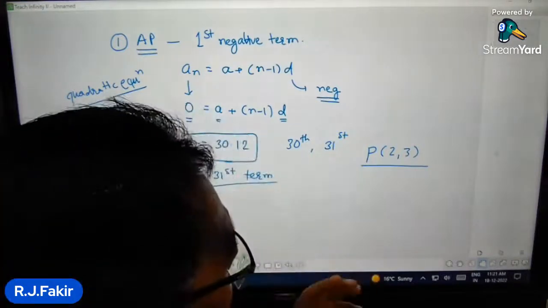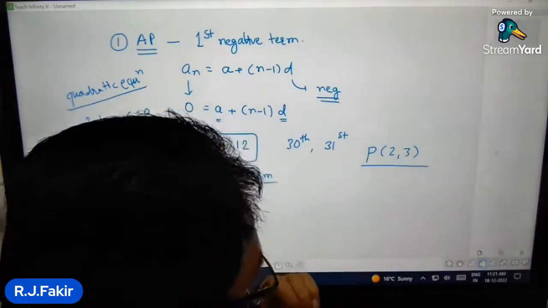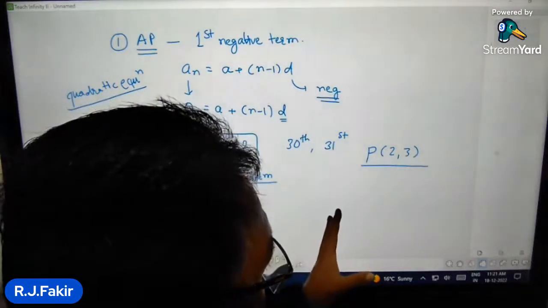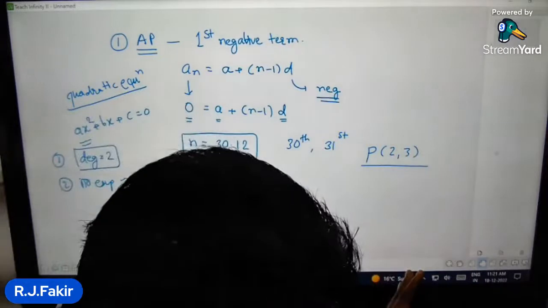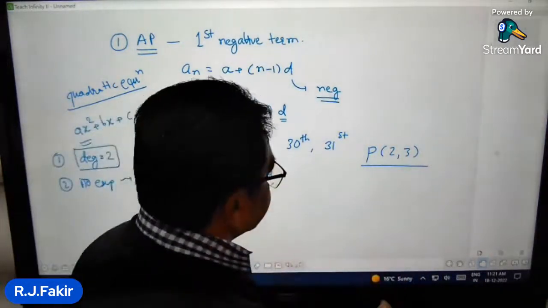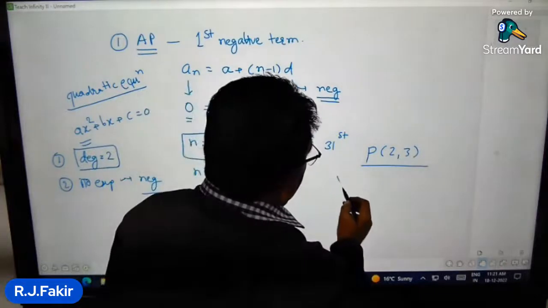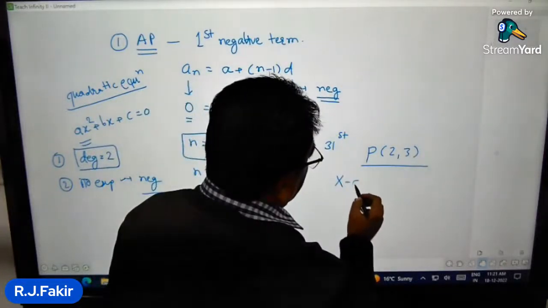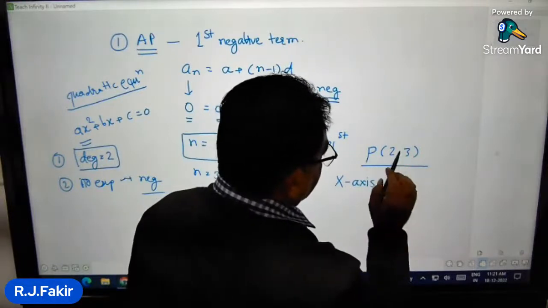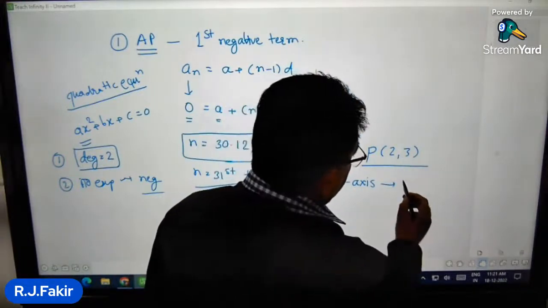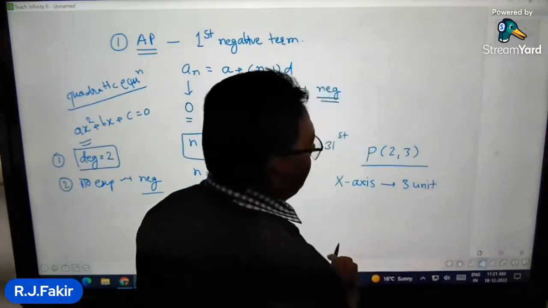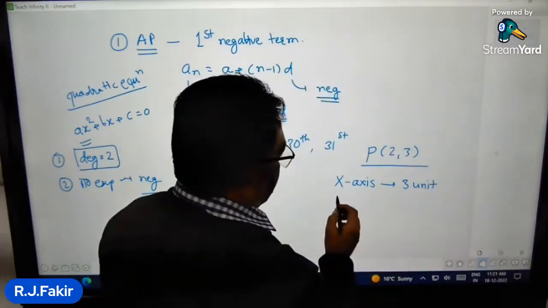So always remember, whenever the coordinates of a point are given and the distance from a particular axis is asked for, like here they are asking from the x-axis, then you just write down the y coordinate, 3 units. That's all. No need to worry.